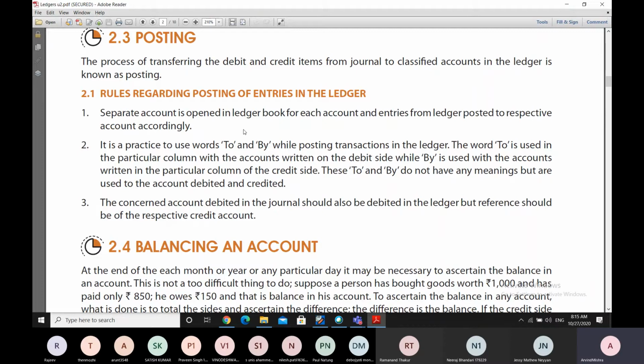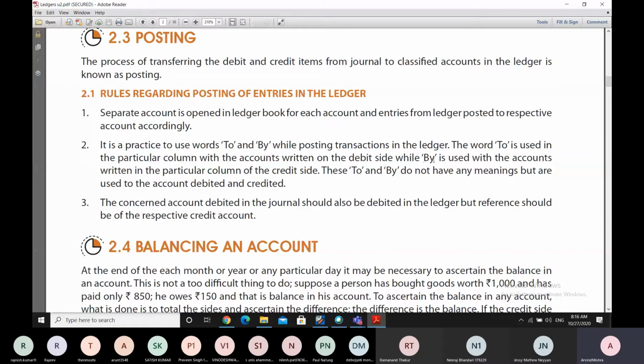Now, while posting an entry into the ledger, the second rule is that it is a practice to use the words to and by while posting any transaction or entry in the ledger. So the word to is used in the particular column with the accounts written on the debit side. Whenever we make an entry on the debit side of any account, we start with the word to, and when we make the entry on the credit side, we start with the word by.